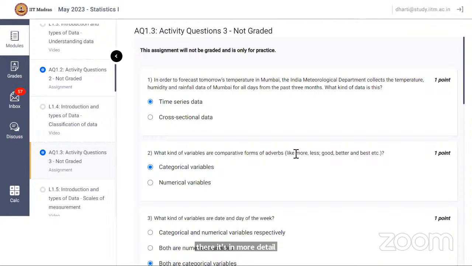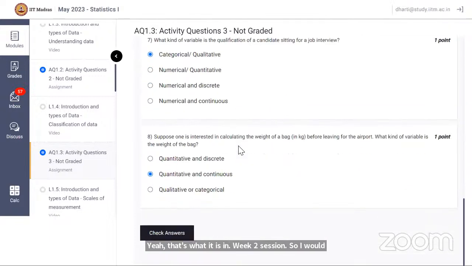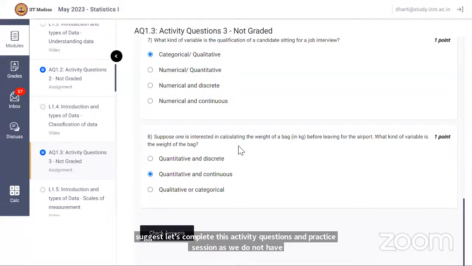I have a doubt, ma'am. The difference between interval scale and ratio scale? Yeah, that is in the week 2 session. So I would suggest let's complete this activity questions and practice session, as we do not have much time, like 15 minutes.